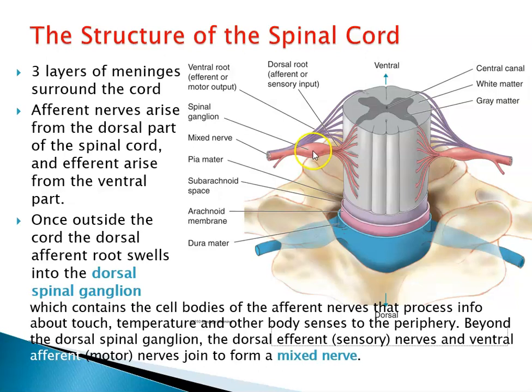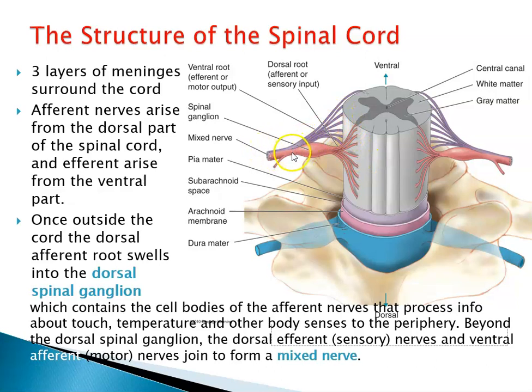Now, beyond here, these are separate. They're always going to be separate, but they kind of combine together to be called the mixed nerve. But remember, still, we've got the sensory input, the motor output.